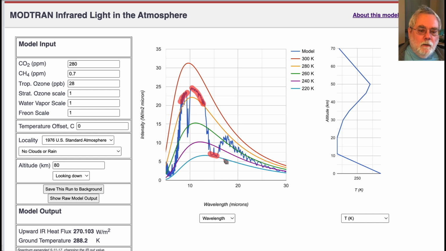You see that it's close to this blue curve, which is 220 Kelvin. So presumably that infrared light is emitted primarily from the 10-kilometer altitude of the troposphere, which was the brown curve in our earlier spectra plot emission graph.